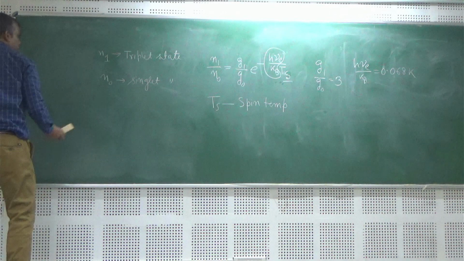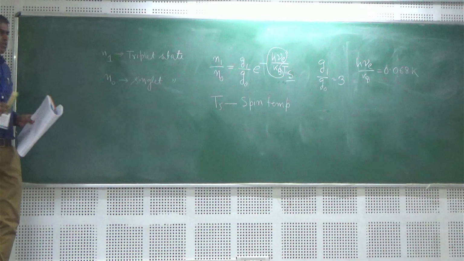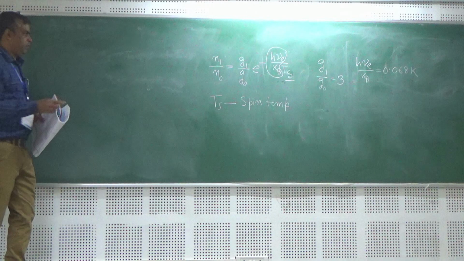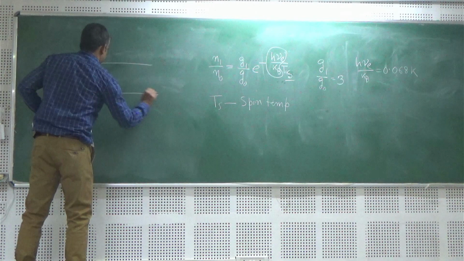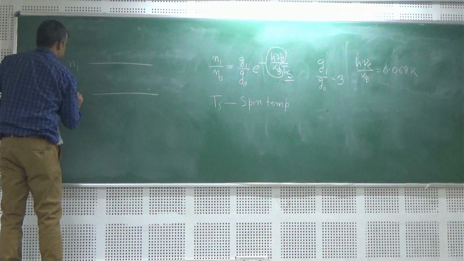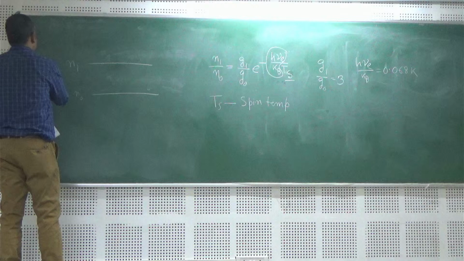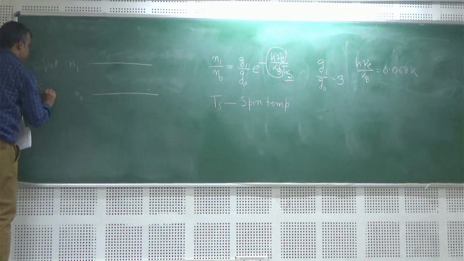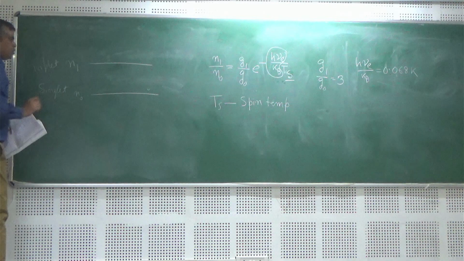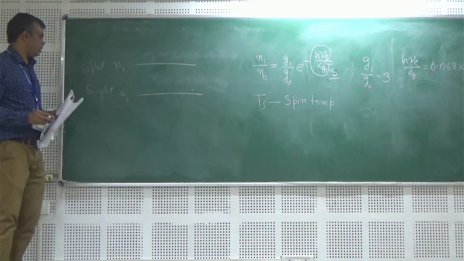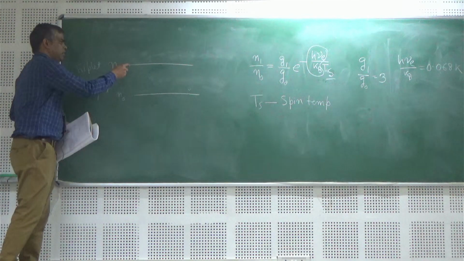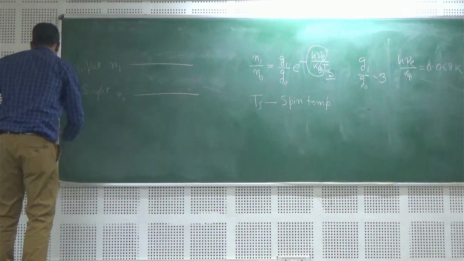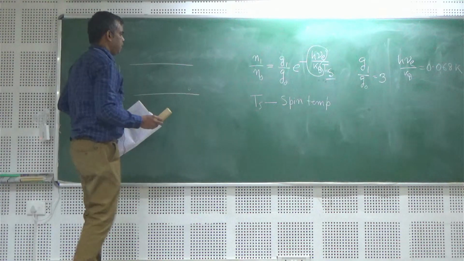Now, as I said, there are three processes by which this level population can change. Let's say this is N1, the triplet state, and this is N0, the singlet state. What are the three processes by which an atom can jump from one state to the other?